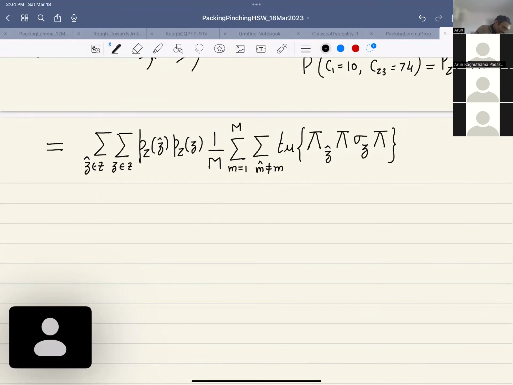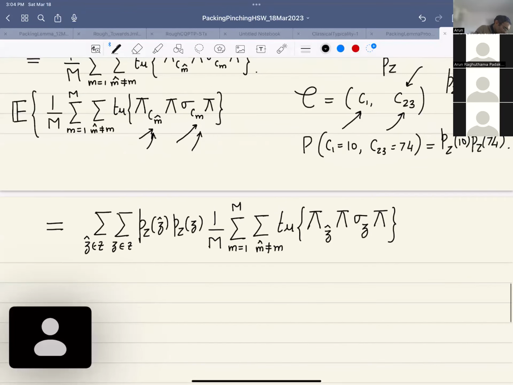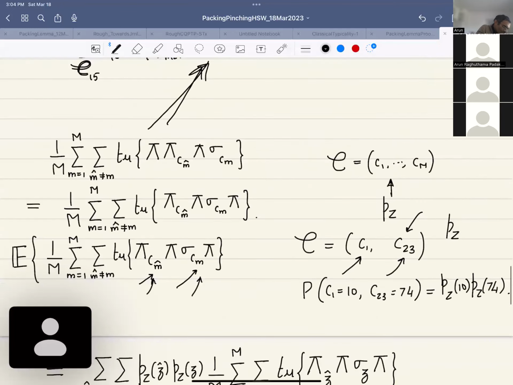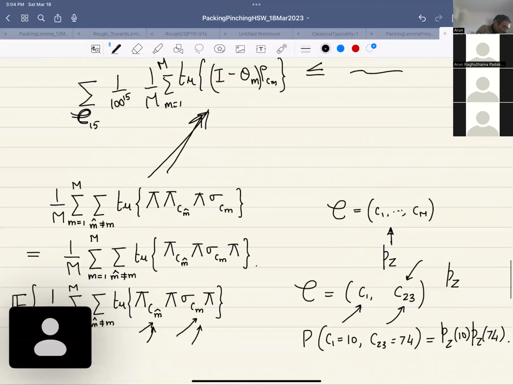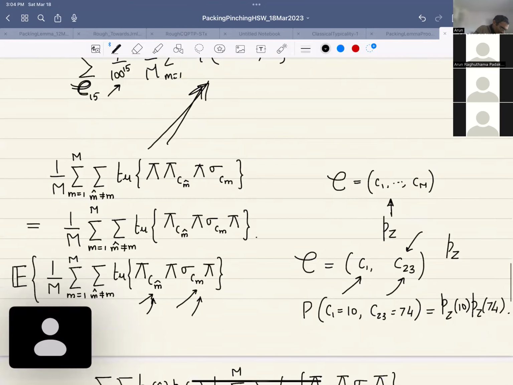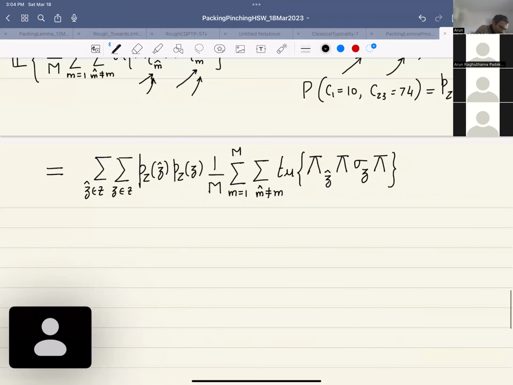This is just like I did with 1 by 100 to the power 15. Only there are two terms here, so the rest of the summations knock off, and I will just have 1 by 100 squared. There it was a uniform distribution, that's why you have 1 by 100 times 1 by 100. But otherwise, what is the probability of Z hat and what is the probability of Z? That's all I've done here.